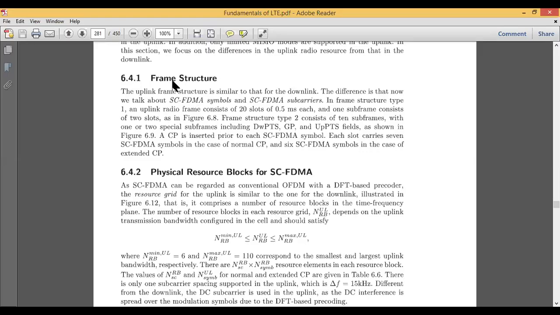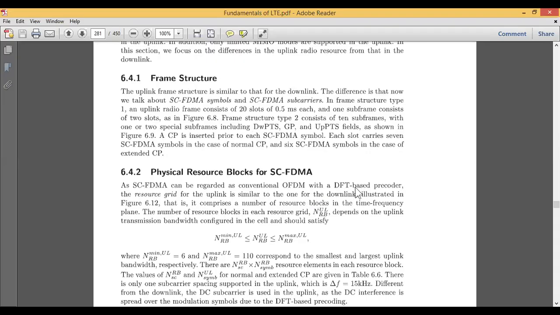Now, once you come to the frame structure, you may come across different types of mechanisms. The very first is the physical resource block for SC-FDMA. Compared with the conventional OFDM, it makes use of DFT.